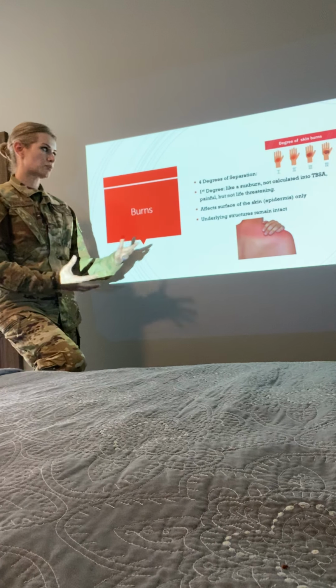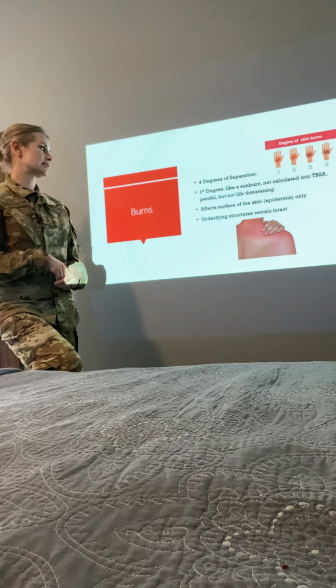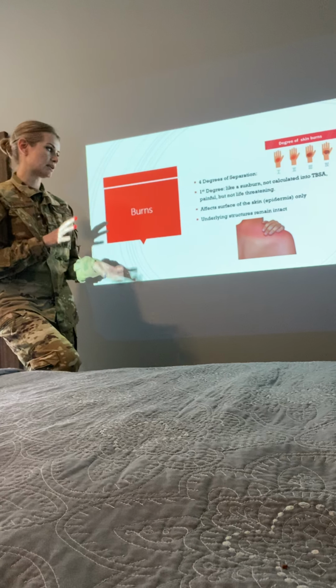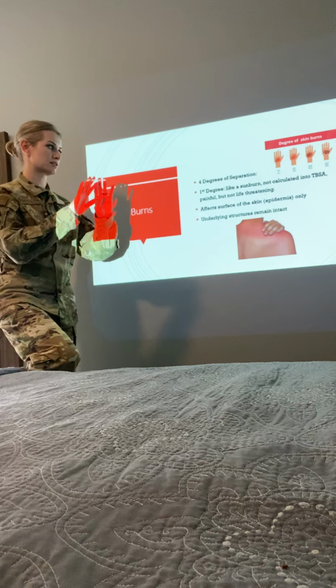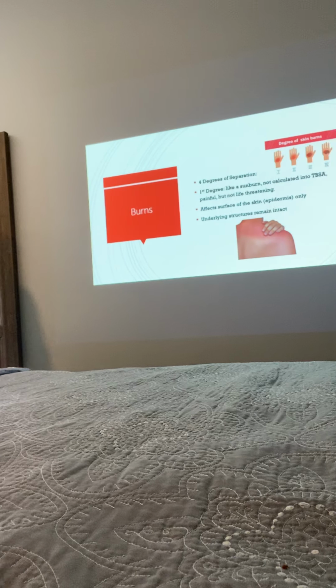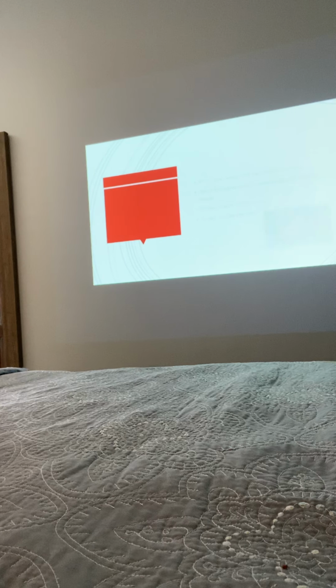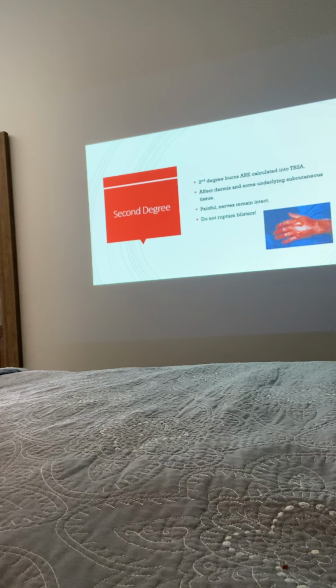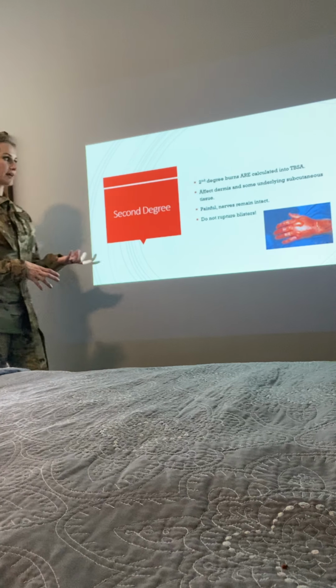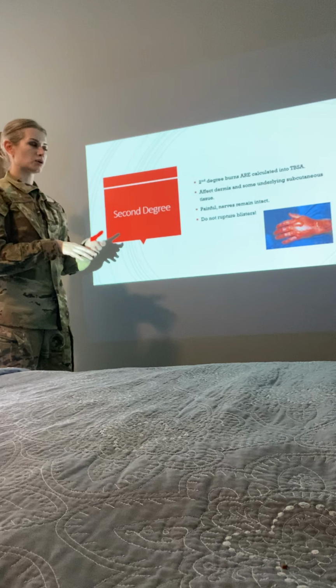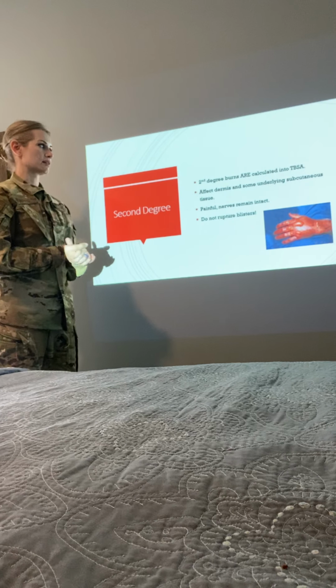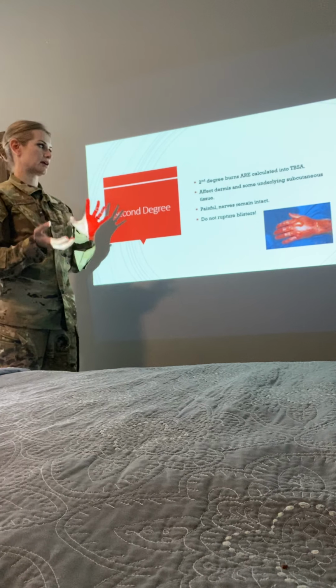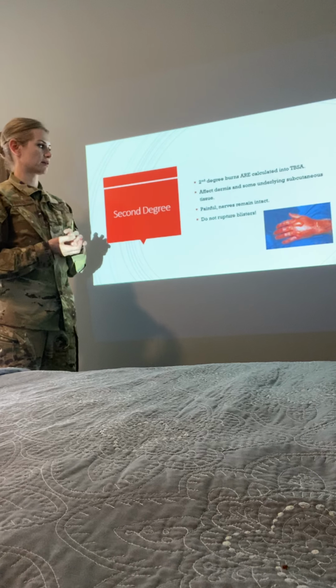Your 1st degree is like a sunburn. It's not calculated in TBSA. They're painful but not life-threatening, and it just affects the epidermis of the skin. 2nd degrees are those that get calculated into the TBSA. They affect the deeper layer, the dermis, and they tend to have some underlying subcutaneous tissue involvement.